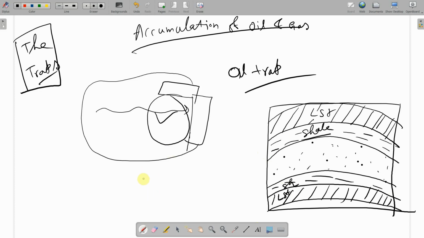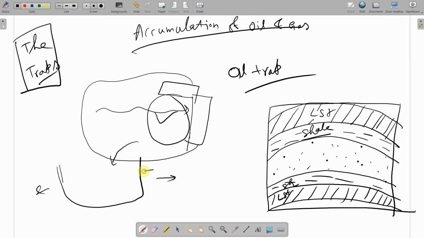In villages, I have probably told you this, I always give this example. If you go there, they sometimes dig a hole in their agriculture field and store water there for some reason. If you dig a hole and put water there, what will happen? The water will percolate through this wall, and most of the water will percolate out through the sides.